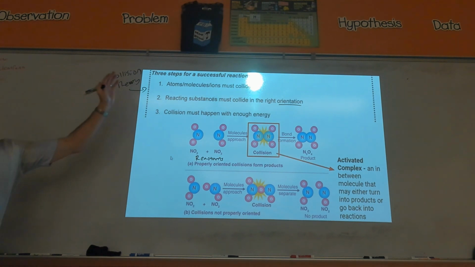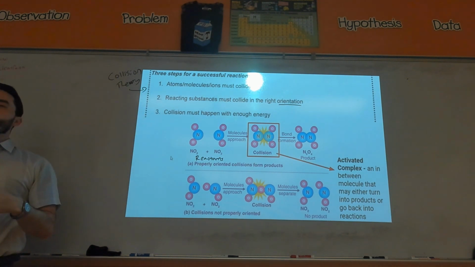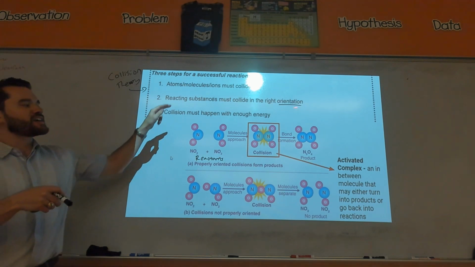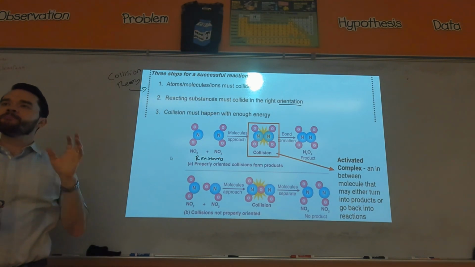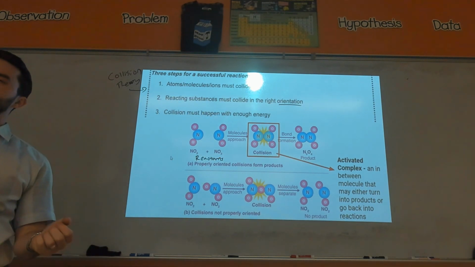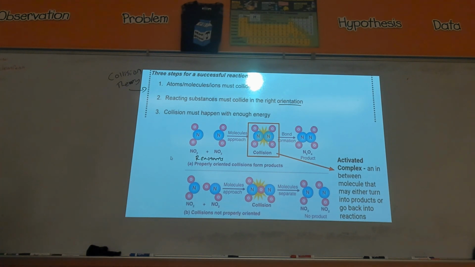Now, there's a moment when the reactants are becoming the product. That structure, that happens when the reactants are becoming the product, is called the activated complex. Think of a complex like a mall: a complex is a bunch of different things together.